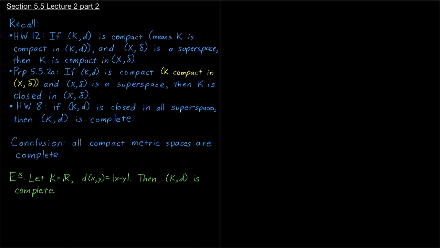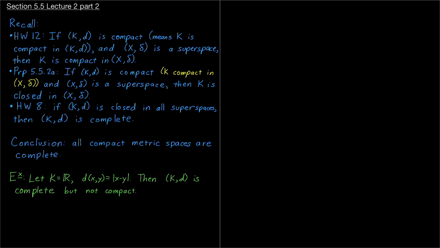It's pretty much the whole reason why we bother with the real numbers and not the rational numbers. But we saw in the last video that the real numbers are not compact. You can try to cover it with, say, intervals of length 2. You obviously need infinitely many intervals of length 2 to cover all the real numbers. So if we want to turn homework 13 into an if and only if statement, we're going to have to put something more onto it.